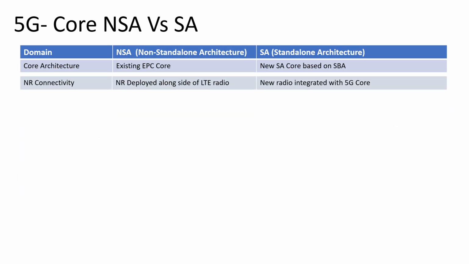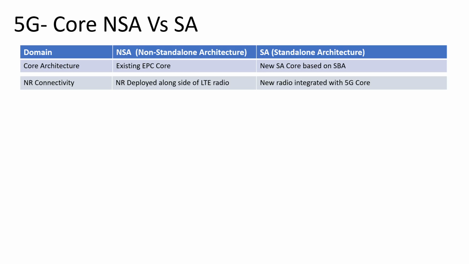Let's understand the NR connectivity, the new radio connectivity. In case of non-standalone architecture, the new radio will forward the signaling packet to the underlying LTE radio, and then LTE radio will forward the signaling packet to the existing MME, which is the entry point of the core.